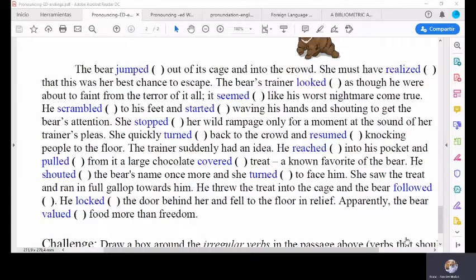Let's take a look at it together, all right? So it says, the bear jumped out of its cage and into the crowd. She must have realized that this was her best chance to escape. The bear's trainer looked as though he were about to faint from the terror of it all.